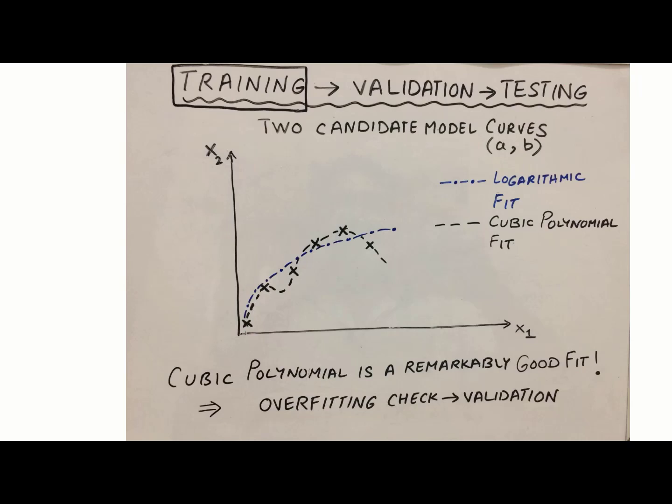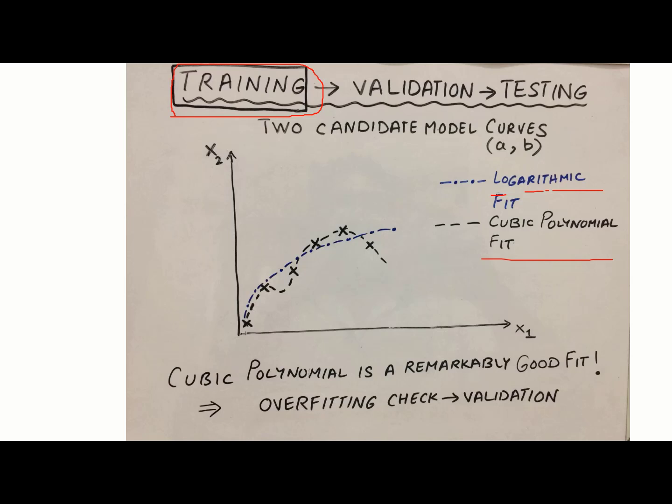So now suppose that we fit the 2 curves. One of them is a cubic polynomial here, and the other one is a logarithmic curve. When you fit both these curves by the training, it means that we learn the parameters of the 2 curves.